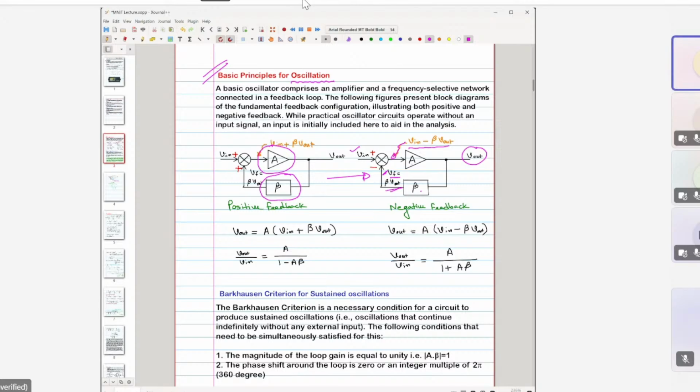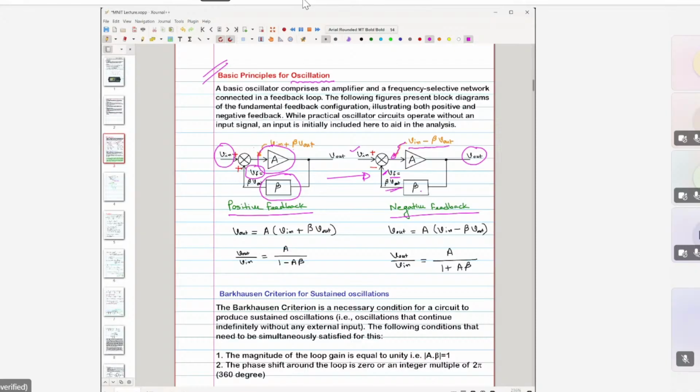Now it will feed into this amplifier whose gain is A, and it will produce the output again. So this is an example of a positive feedback system, and this is an example of a negative feedback system. In the positive feedback system, this is V in and this is VF, where VF is equal to beta V out.